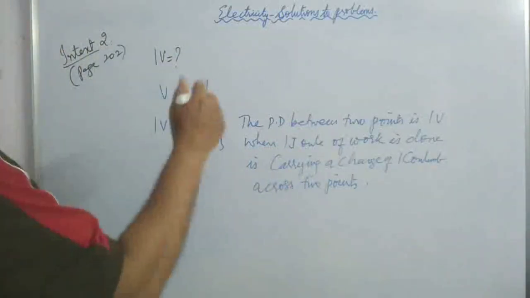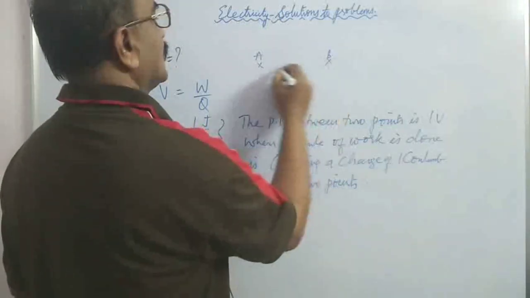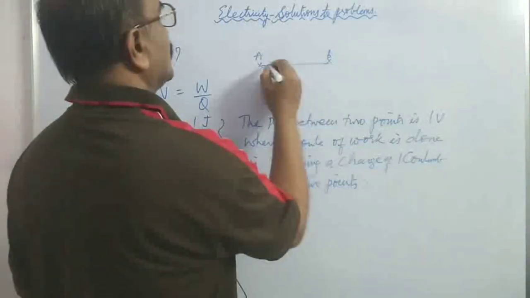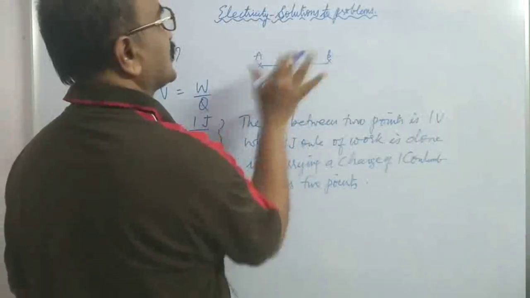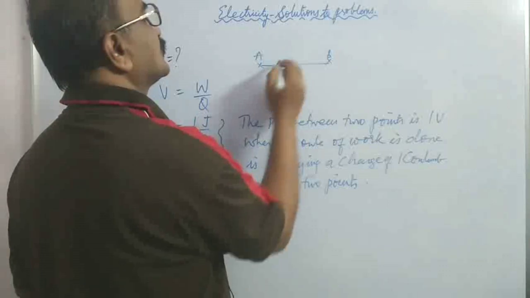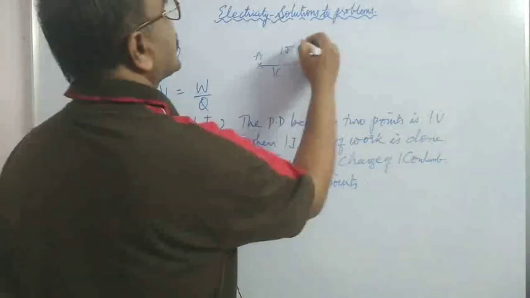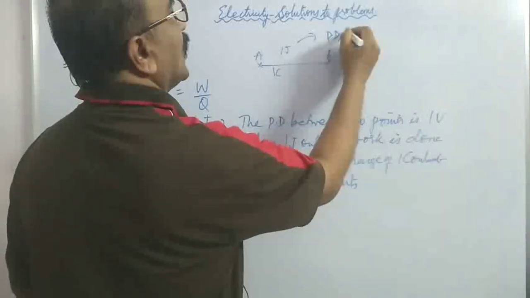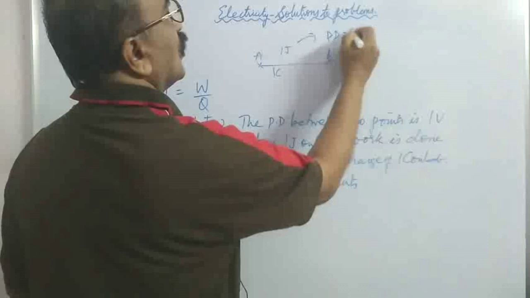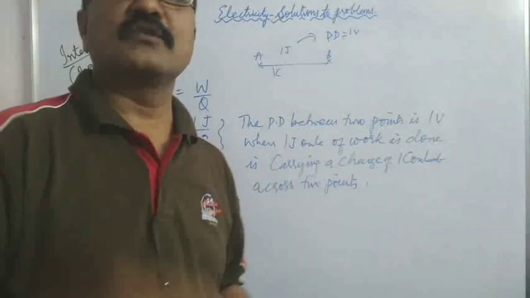So there are 2 points, A and B, and you are working in order to make a charge of 1 coulomb move from here to here. If 1 joule of work is done to move it, then we say the potential difference is equal to 1 volt. So that's the meaning of 1 volt, children, for your information.